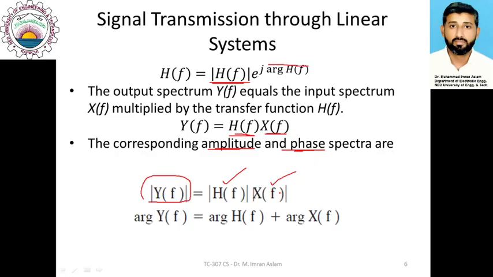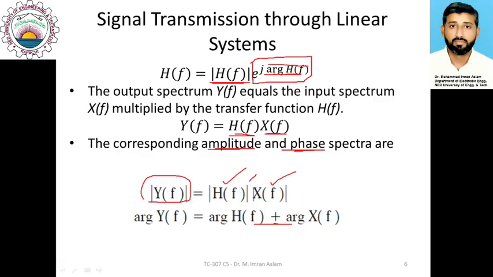output. Phase is calculated by addition. Note that the output is calculated by the operation of multiplication, whereas phase is calculated with the operation of addition. And it is quite logical because phase is in this power, e raised to the power j omega. This part is representing phase.